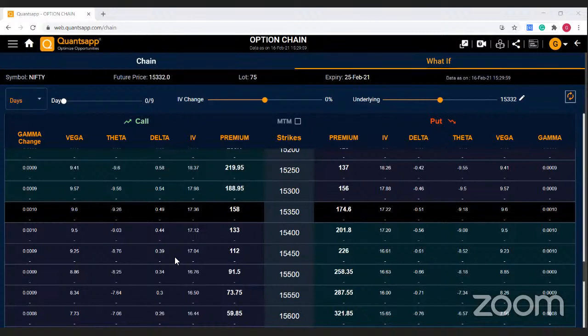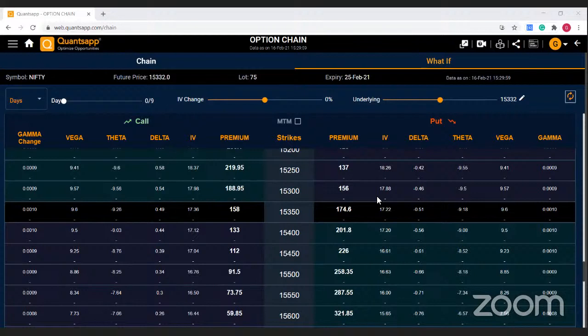The out of the money options, highlighted in red, or I would say purple-ish, will become zero as the option approaches expiry. So first I want to know the impact of the underlying, if the stock price is going up or going down, and how it is going to impact my option premium.